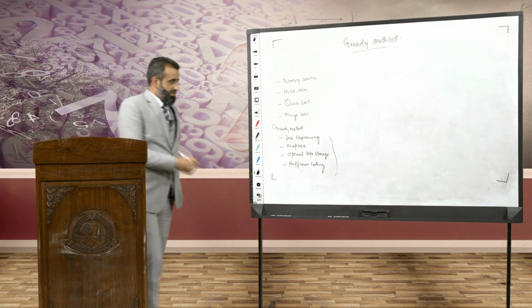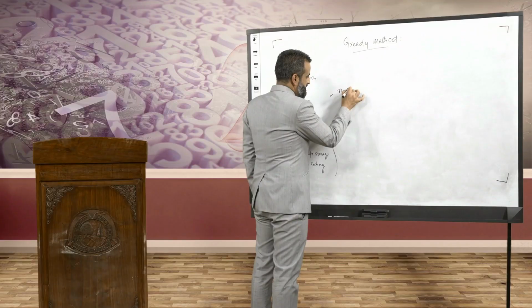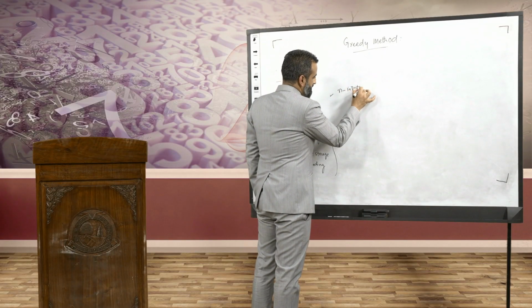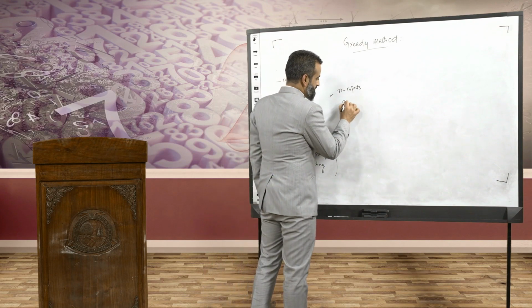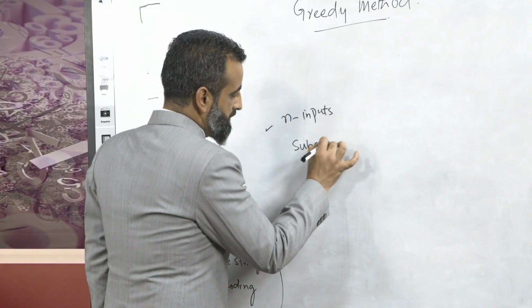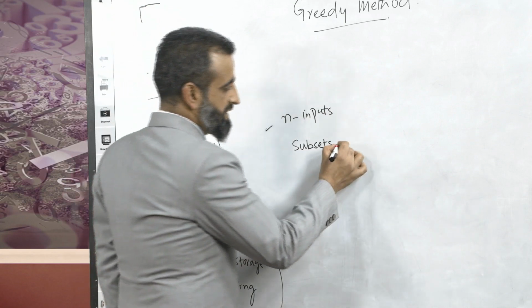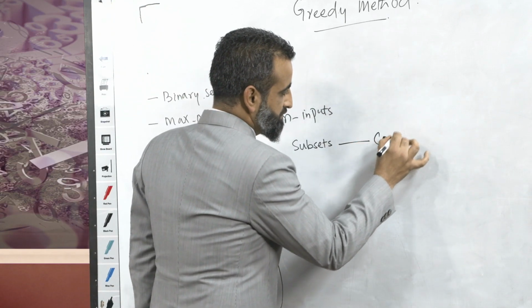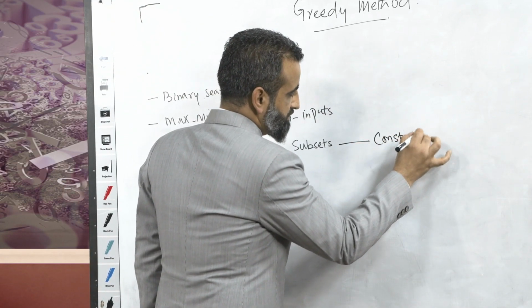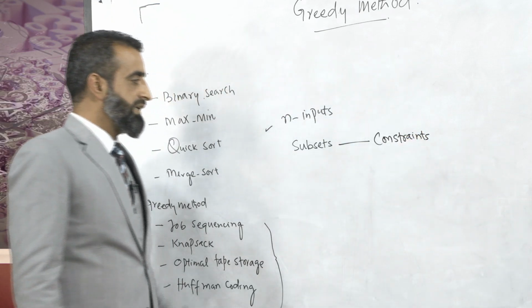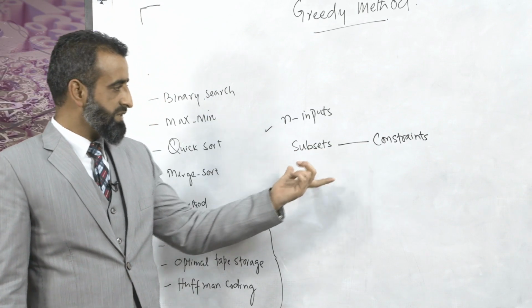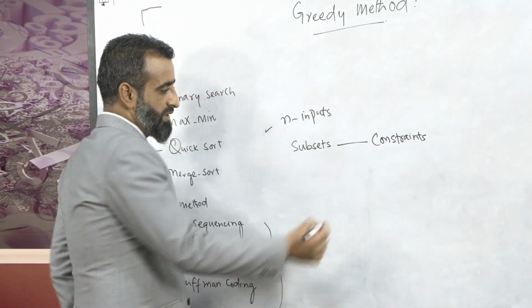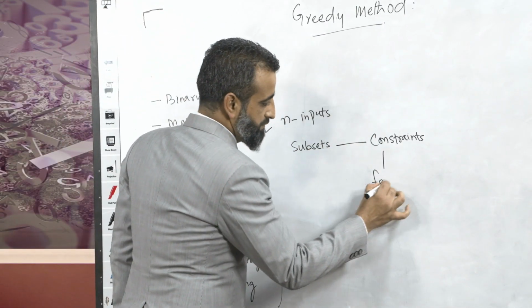Now, this is very important: n inputs is what is given to me, and from these n inputs I will be creating some subsets as solutions. These subsets need to satisfy some constraints. Any one subset, or more than one subset, that satisfies these constraints forms our feasible solution.